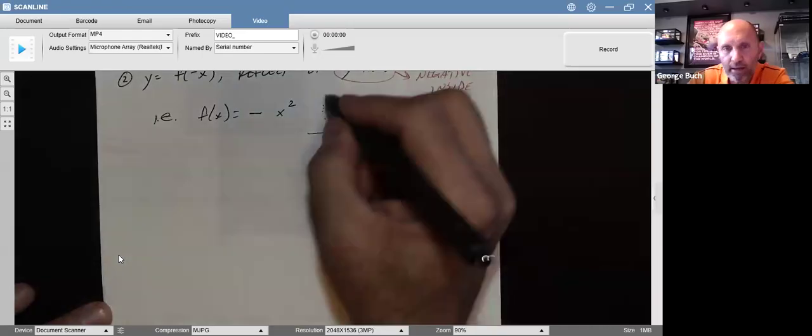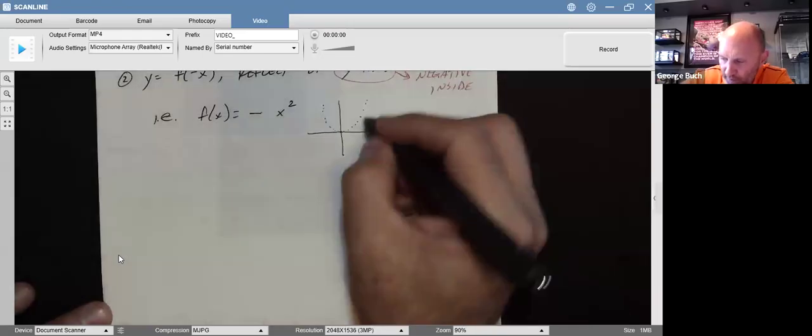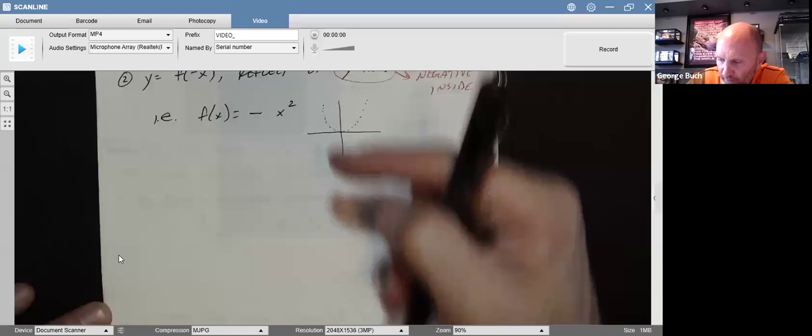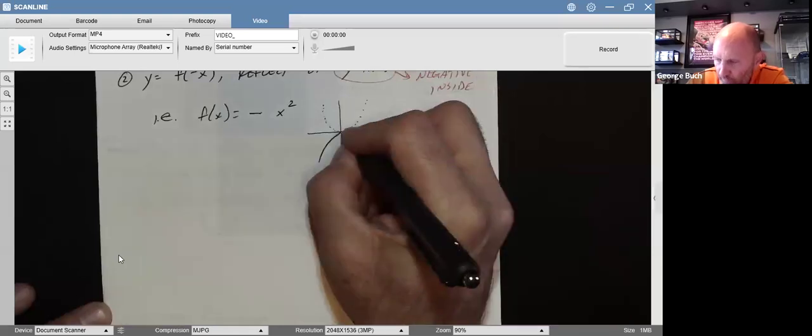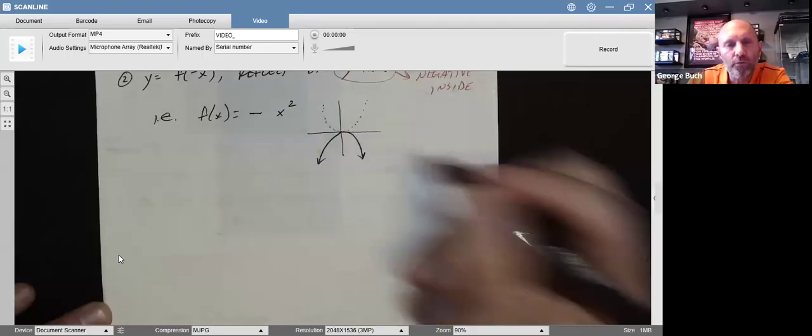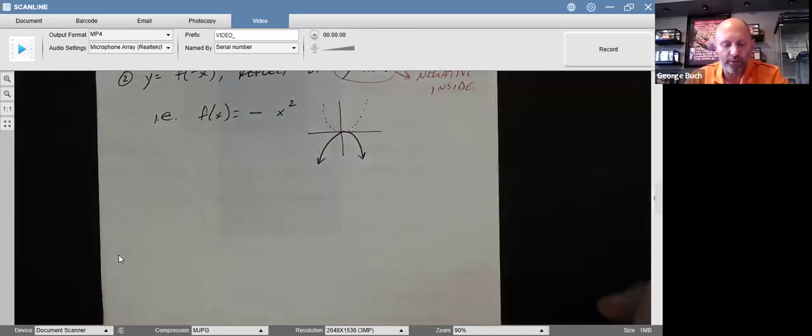This dotted line, that's x squared. But because it gets reflected on the x-axis, take everything downward instead. So we get this picture for the graph of negative x squared. And again, I don't have to do any plotting of points, building of tables, none of that.